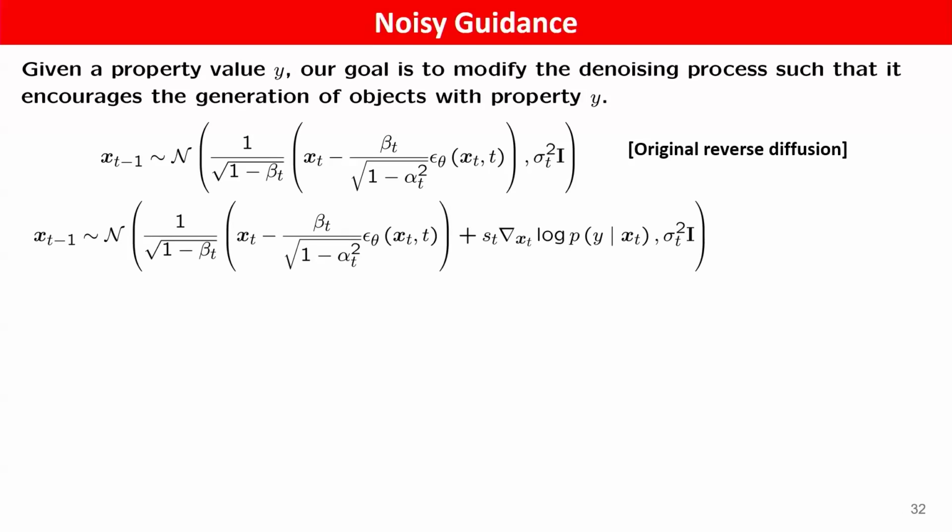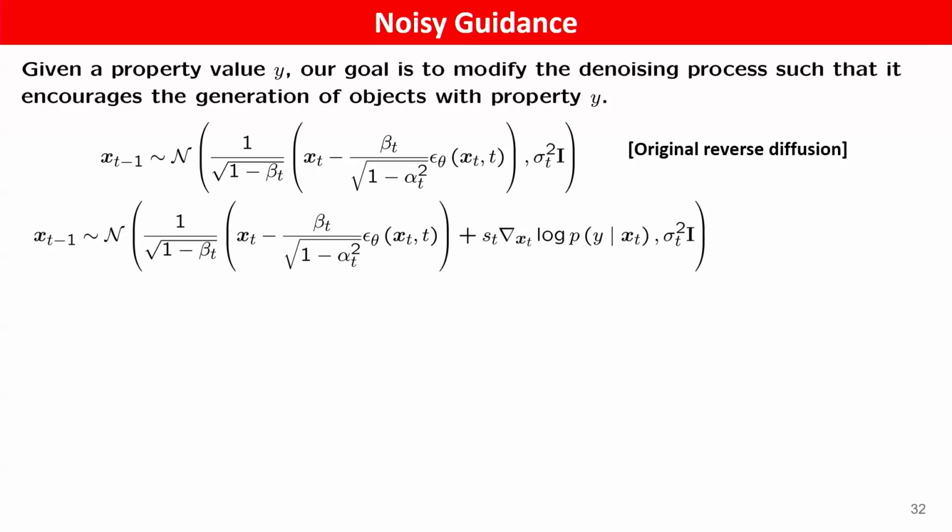However, that's just the original diffusion. But if you already have a quantity y, and your goal is to change the diffusion in such a way that it would encourage generation of those things that have this high value, then this is one way where people modify the original diffusion process with this extra term here. So this is called guided diffusion.